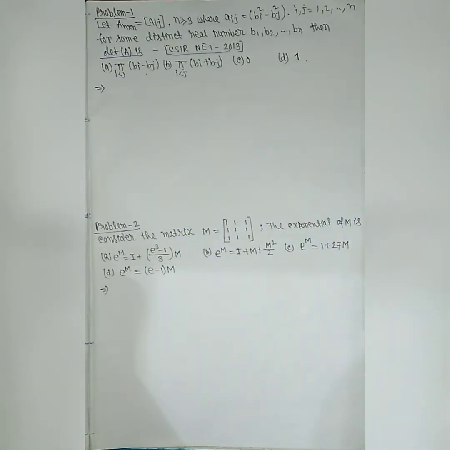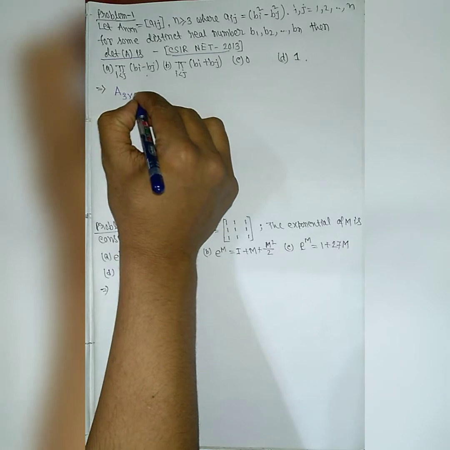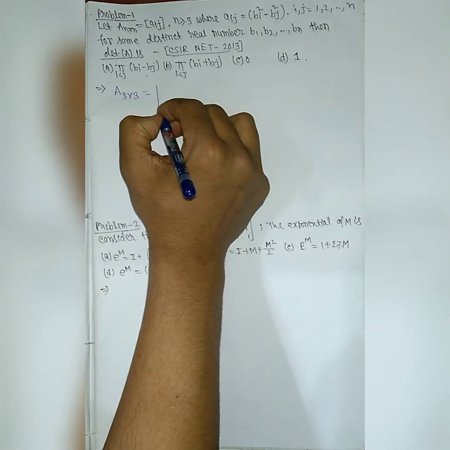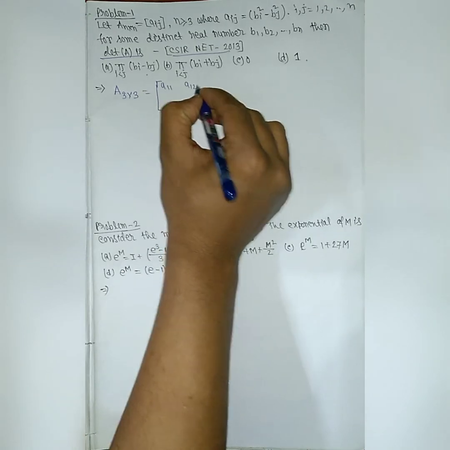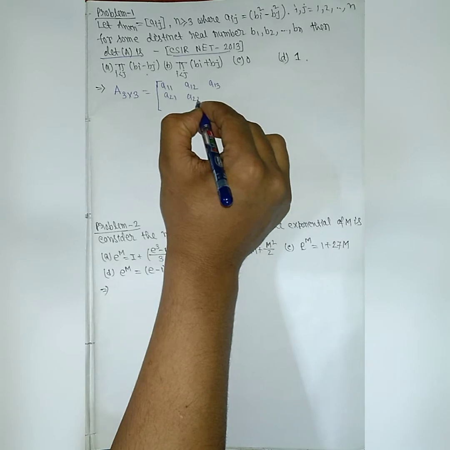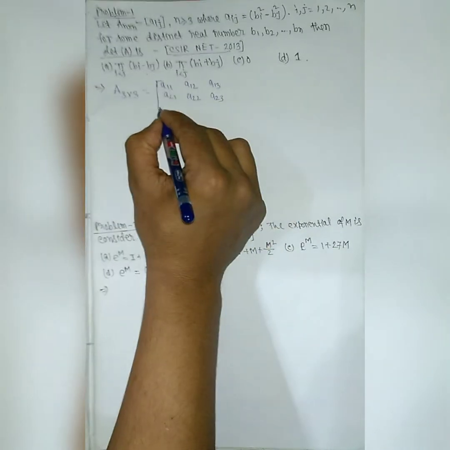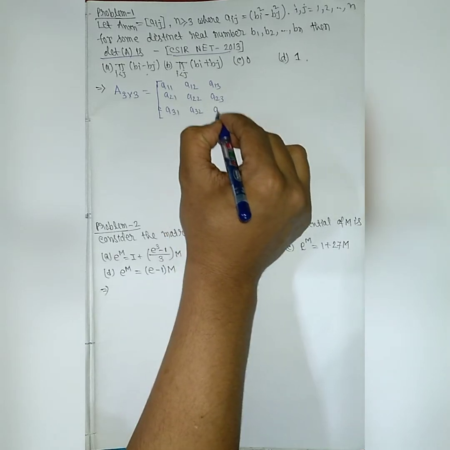Okay, so for the sake of simplicity, we consider A as a 3 cross 3 matrix. Then we write the matrix A as A11, A12, A13, A21, A22, A23, A31, A32, A33.